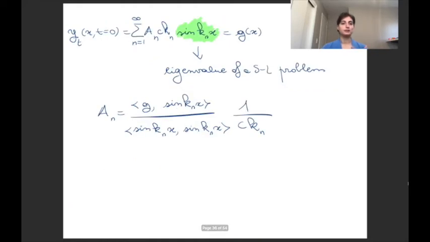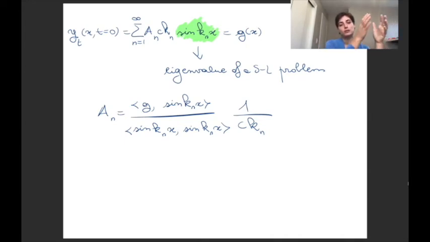Let's look at the formula for an. So the derivative with respect to time of y computed at x and time equal to 0, we drop the term depending on an, so we only have an infinite sum of an c kn times sine knx equal to g of x. So on these two sides we have two functions of x, and on the left side we have sine knx, that is the eigenfunction, sorry for the typo, the eigenfunction of a Sturm-Liouville problem that we have solved.